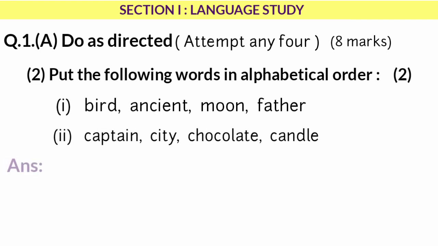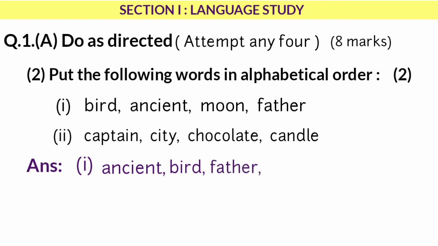Two sets of words will be given. In the first set there are 4 words and every beginning letter will be different, therefore it is very easy to find out the alphabetical sequence. In the second set, the beginning letters are the same for all 4 words.